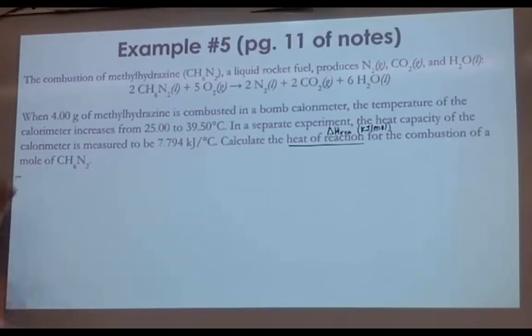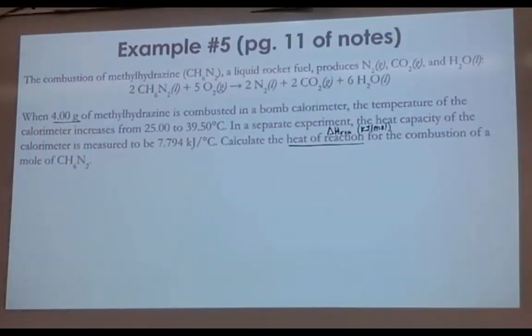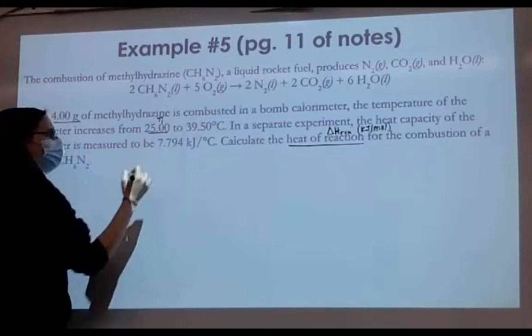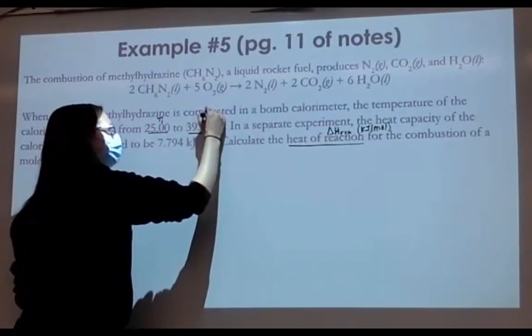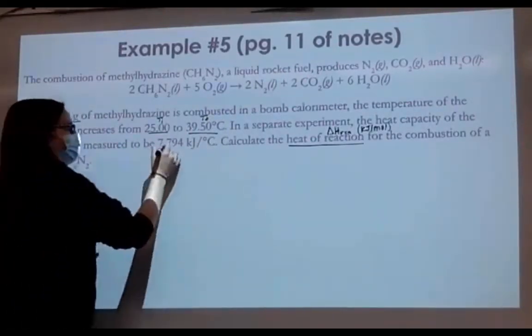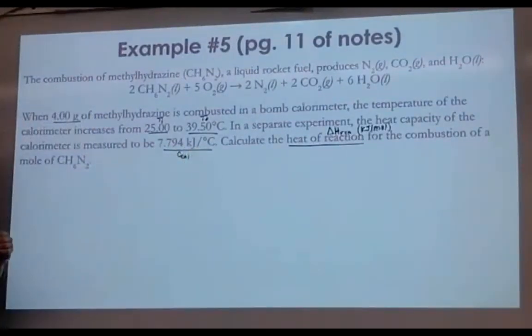They tell us 4 grams of this rocket fuel is combusted. The temperature of the calorimeter increases from 25, that's initial, to 39.5 degrees Celsius. They also give us the heat capacity of the calorimeter, labeled as CCal.